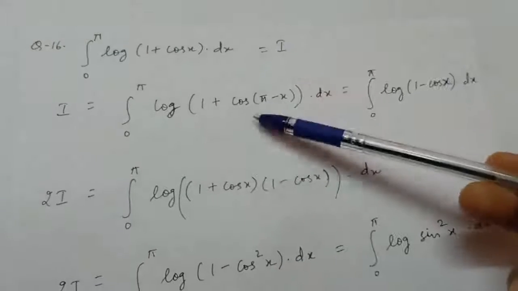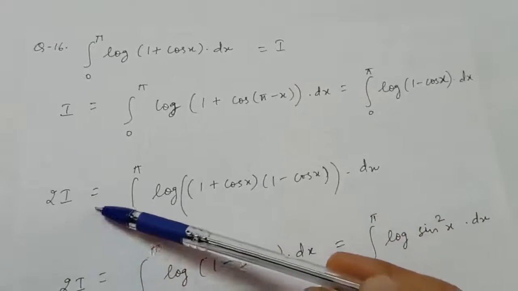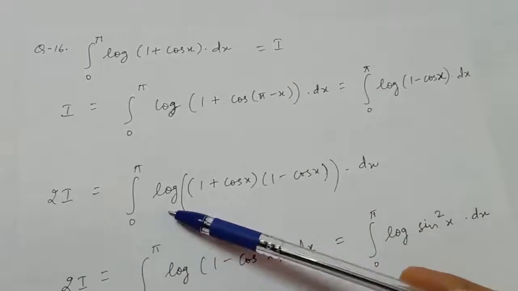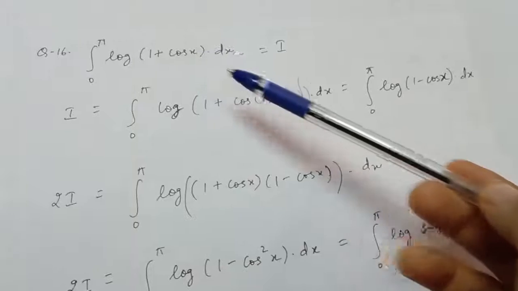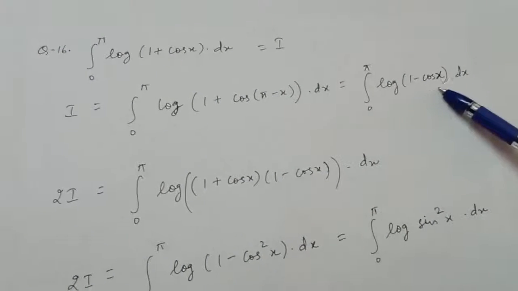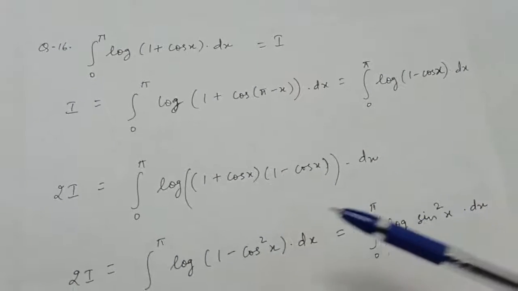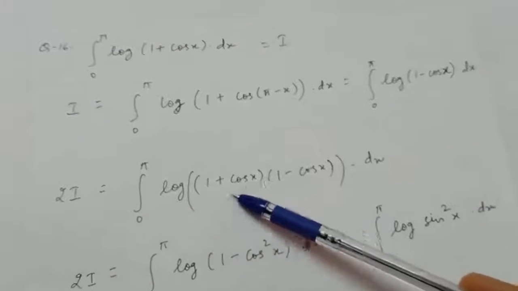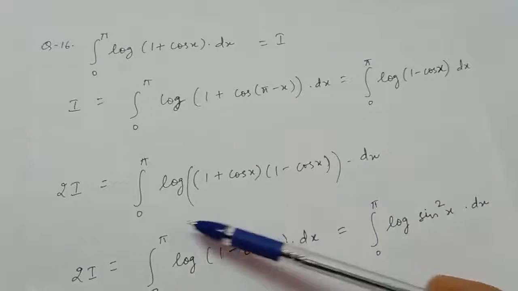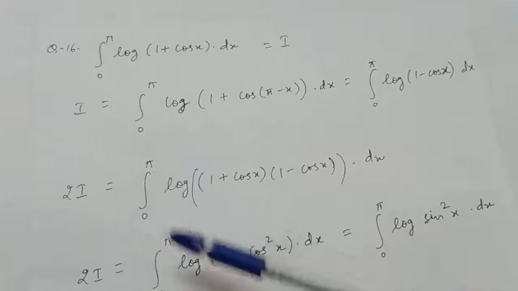Now add these two, so you will get 2I equal to the integral of log(1 plus cos x) plus log(1 minus cos x), which is log of m into n. So log of m into n from the limits 0 to pi.